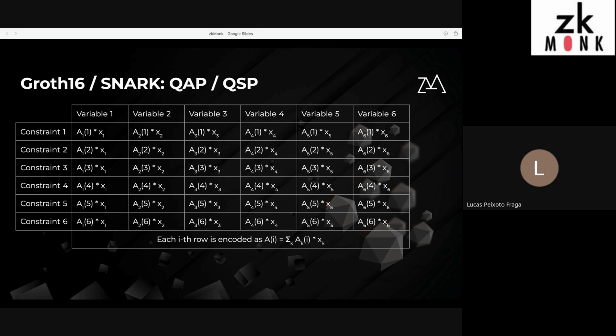I'd like to know why it is mentioned that the polynomial must be of low degree.